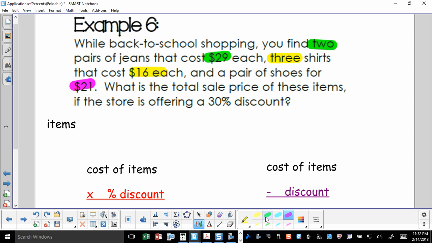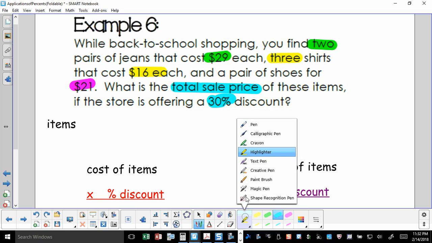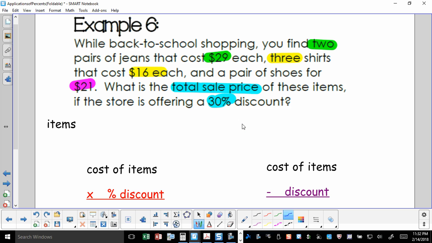And we have a discount of 30%, but they want to know the total sales price. So first thing we need to know is how much the items cost.